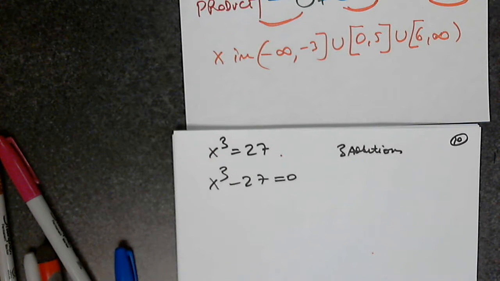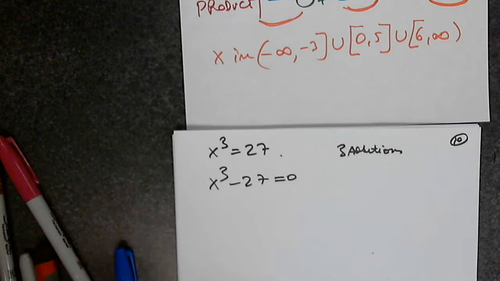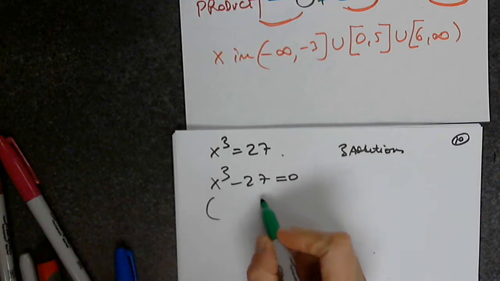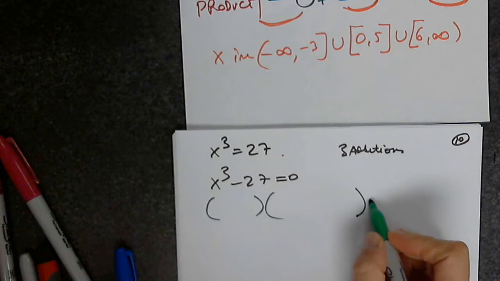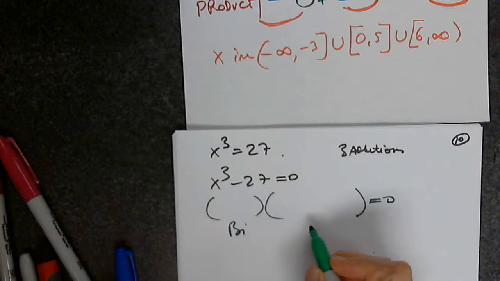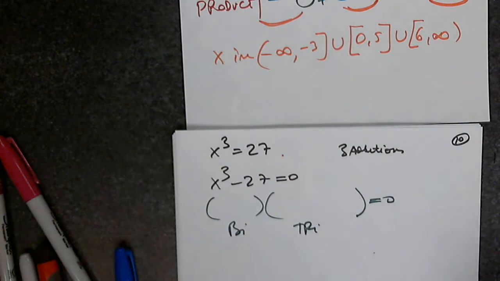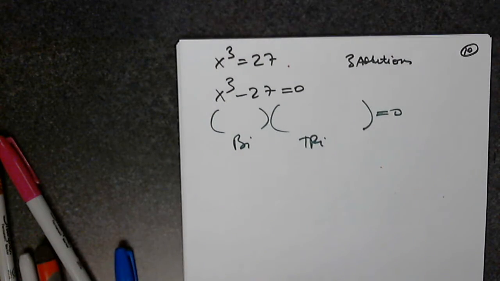Either the difference of squares or the difference of cubes. So now I have to identify whether x cubed is a perfect cube or a perfect square. It's a perfect cube. Once you say the difference of cubes, then you will give me a binomial times a trinomial. What is the binomial?